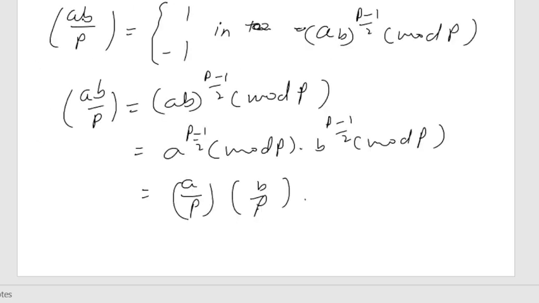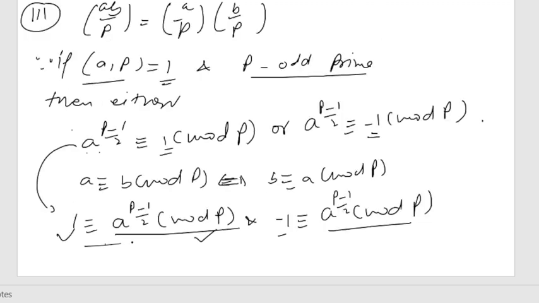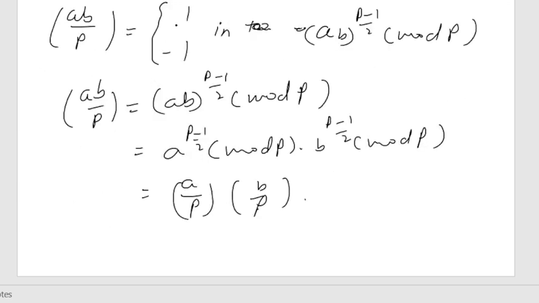And we know that the Legendre symbol of a by p or b by p will give you either 1 or minus 1, but by the previous result we can say in both the cases we have the same value, (ab)^((p-1)/2) mod p. So it is very easy to prove this property.